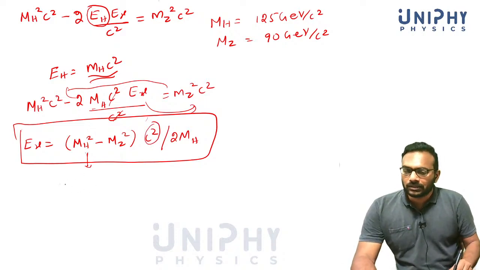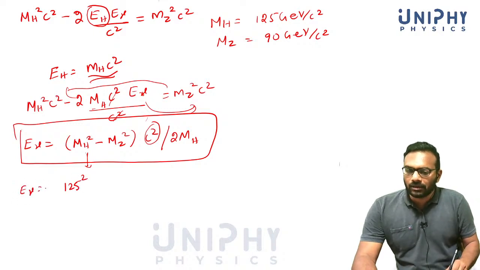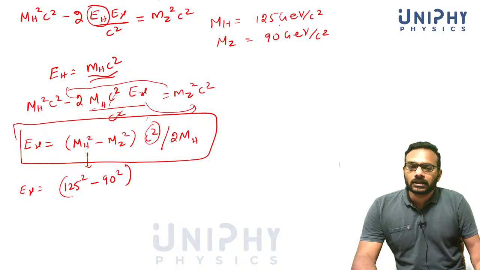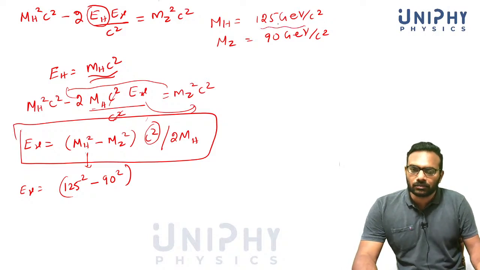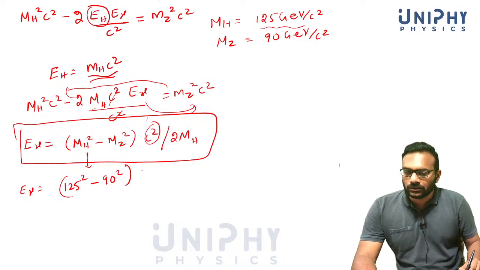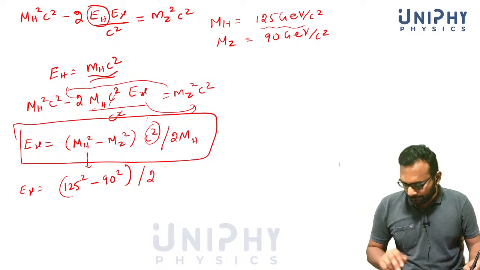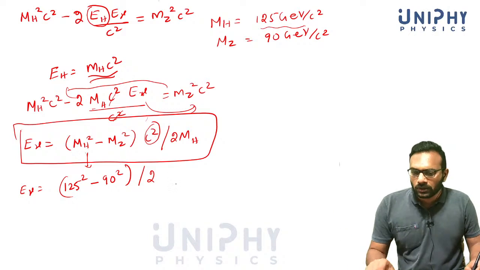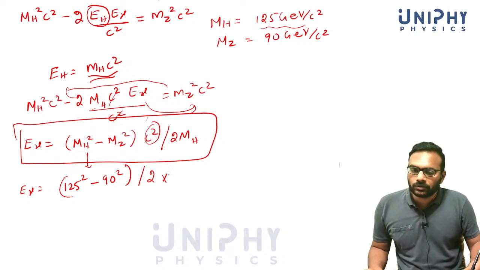So the result that you need is E gamma equals 125 square minus 90 square, in GeV, divided by twice 125. This is the answer.